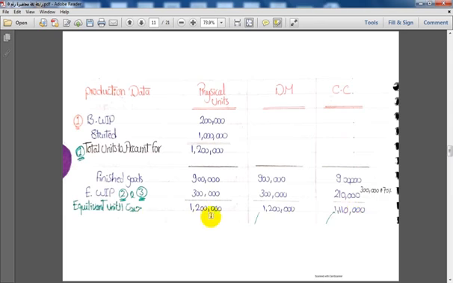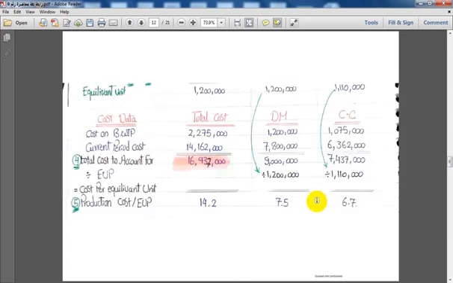These are the equivalent units of production.